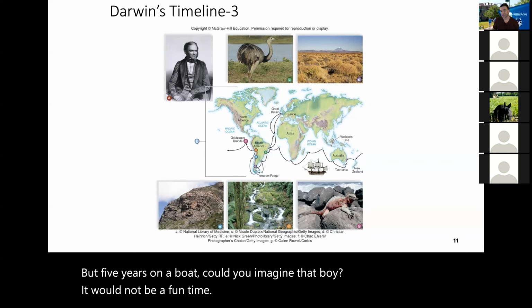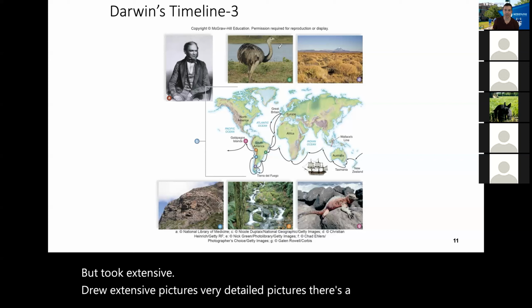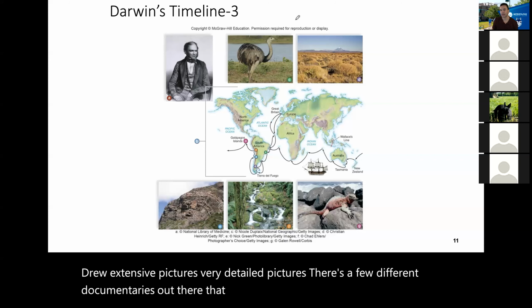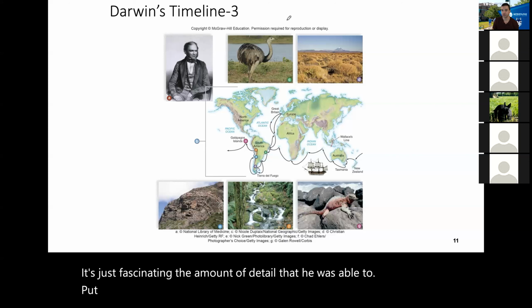But he drew extensive pictures, very detailed pictures. There's a few different documentaries out there that have some of his scribblings and whatnot. It's just fascinating the amount of detail that he was able to put into his drawings.